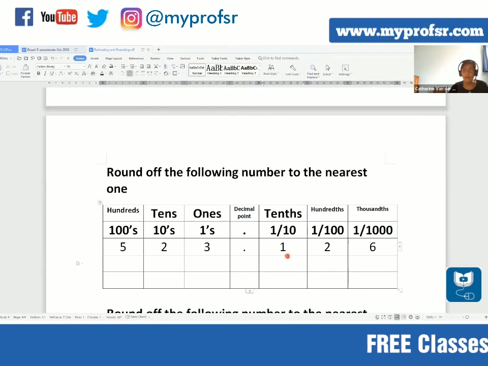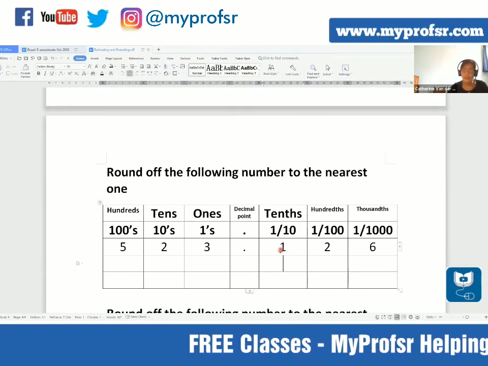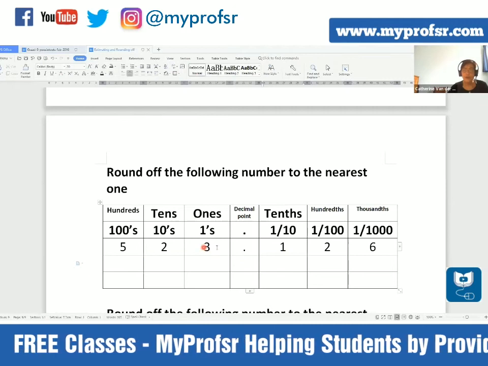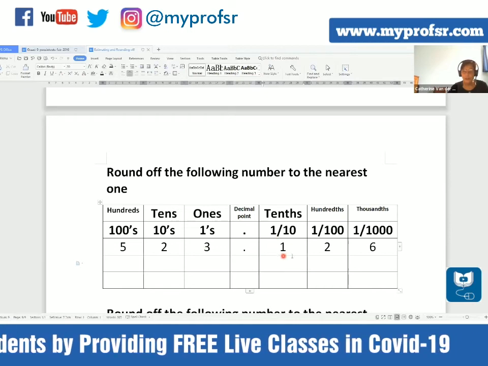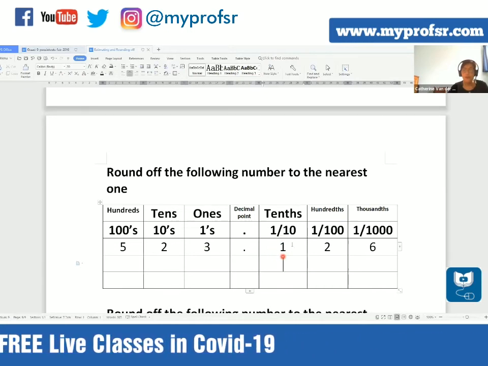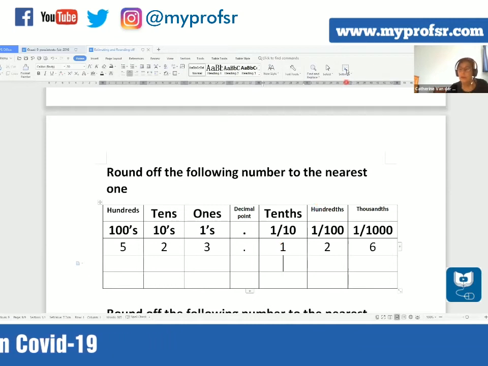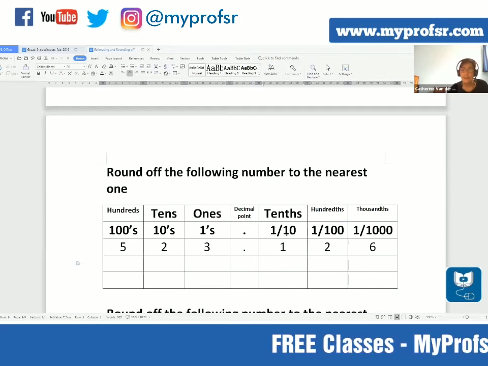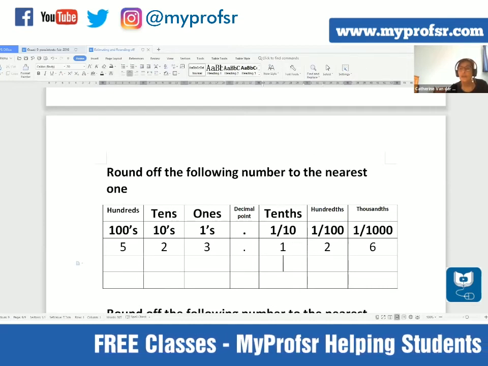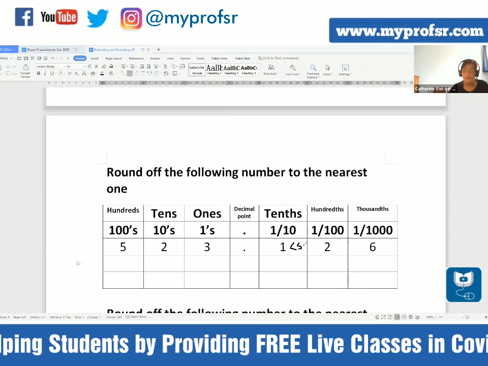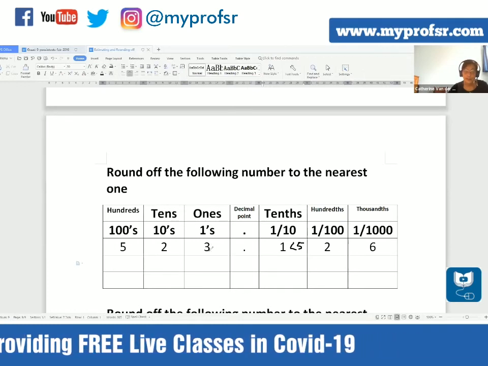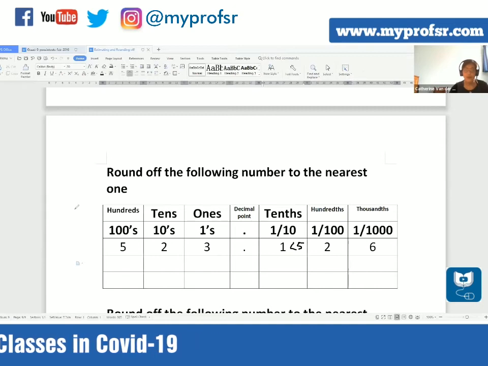Actually, absolutely nothing changes here. You have to decide whether the number to the right of the number we have to round off, which is the 3, whether this number is bigger or smaller or equal to 5. It is, as some of you already have said, smaller than 5. And therefore this number is the one which is not going to change in this case.